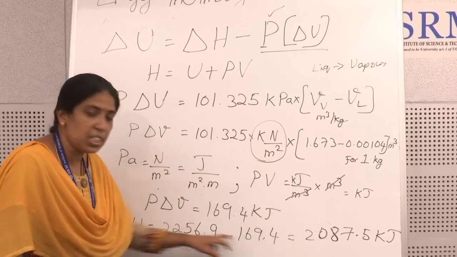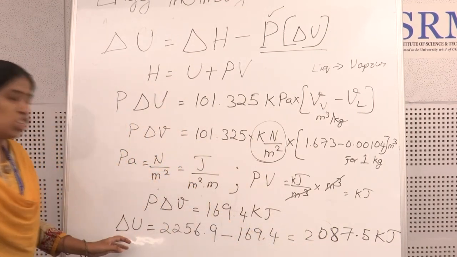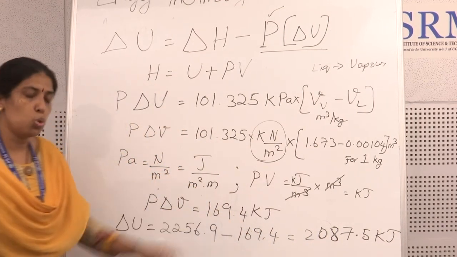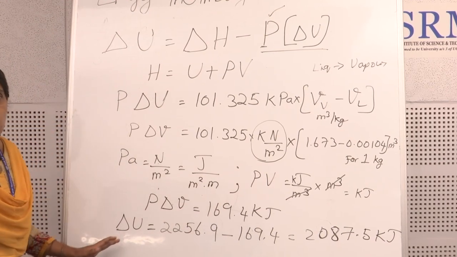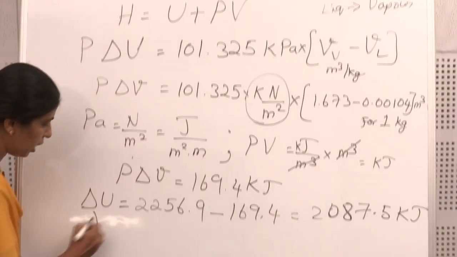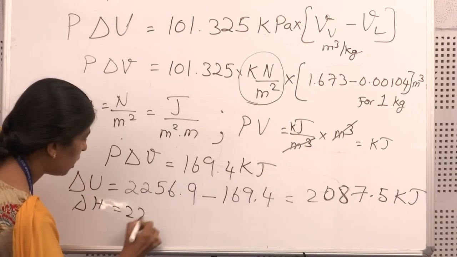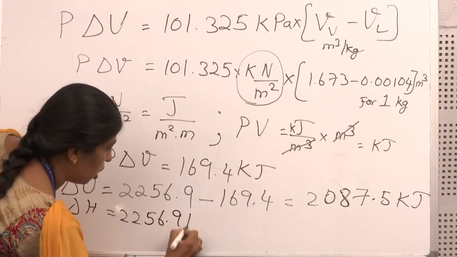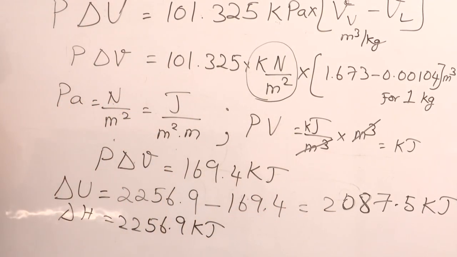If you subtract these two values, you will get the final answer for the change in internal energy, which is 2087.5 kilojoule. So this summarizes the problem where we have found delta H to be 2256.9 kilojoule and delta U to be 2087.5 kilojoules.